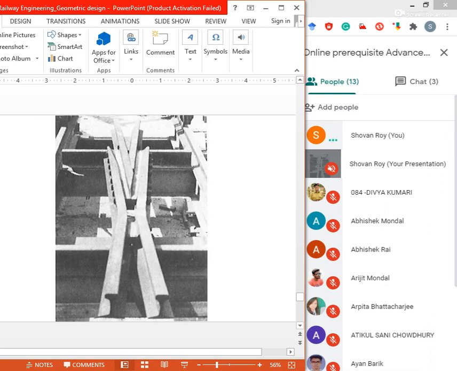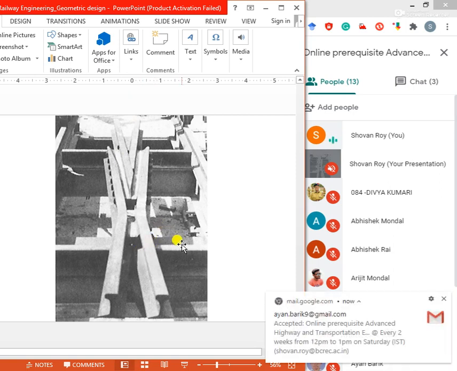At the site we can see this kind of crossing, and normally these crossings are ready-made sections which are available in industry, or we can order when we are going to construct any railway track.